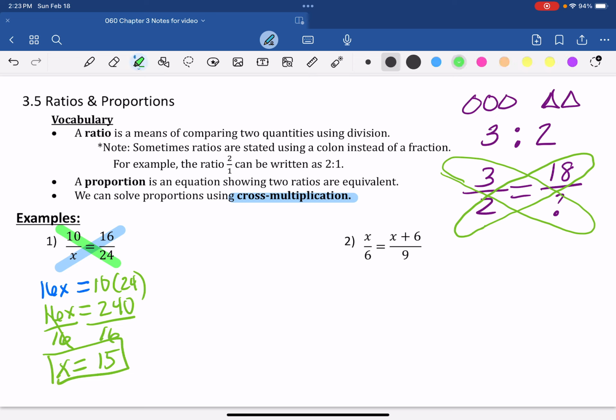For this next one, same process, cross multiplying. What makes this one a little different is that when I go to multiply this blue side, this 6 is being multiplied by both numbers in the numerator, which means I need to use the distributive property.